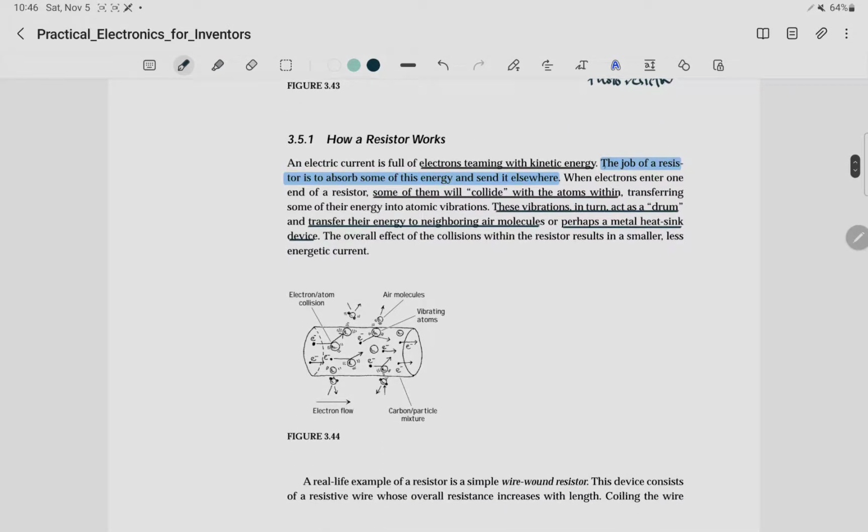So how does a resistor work? Basically you have electrons flowing in your circuit, and these electrons have a lot of energy. The job of a resistor is to absorb some of this energy and send it elsewhere.